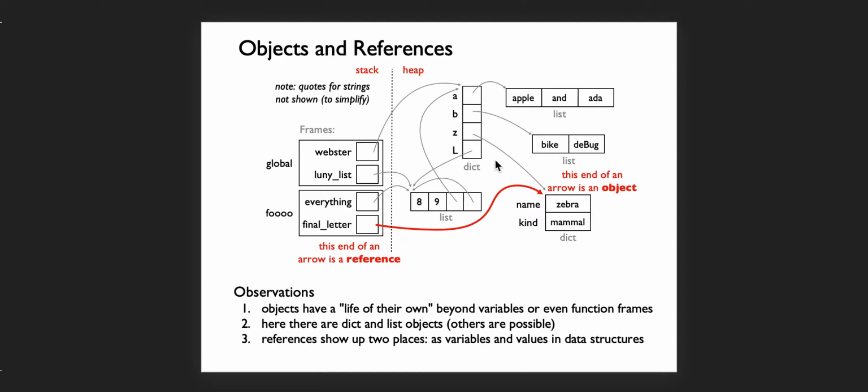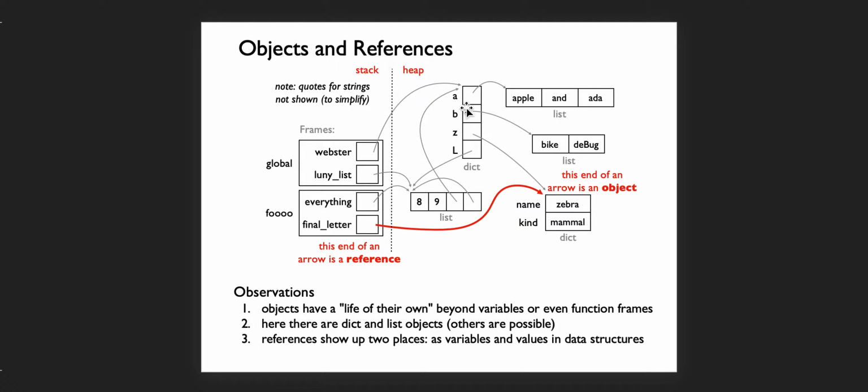And the final observation is that your references can show up in two different places. One is part of the frame itself, where a variable exists, or the reference can be part of your data structure, which would be this example where you have a list object being referenced from a key in your dictionary.